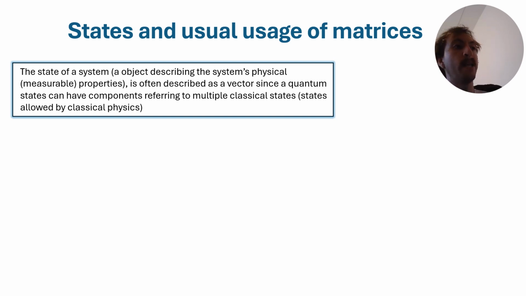So because of that, it's natural to think about a quantum state as a vector with components, with the components corresponding to how much of that vector is in each of the possible classical states. So we would represent the state of a quantum system traditionally using a vector or a state vector.